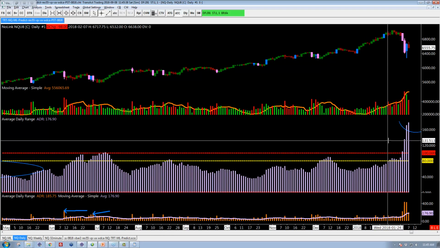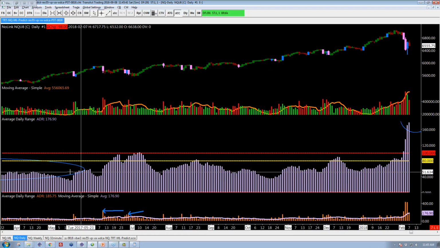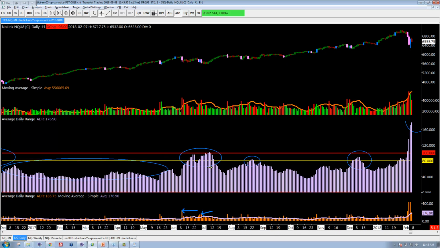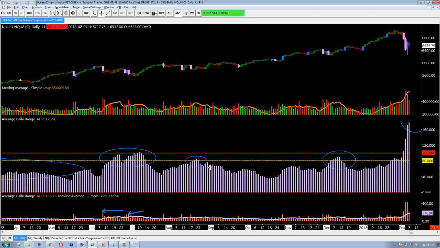Now let's squeeze it up just a little bit. You can see that for the most part, your average has been down in the 50s or 60s, and you'd spike up now and again here, a little bit here. If you go back even further, it's even lower. Just in terms of the amount of volatility in the market.